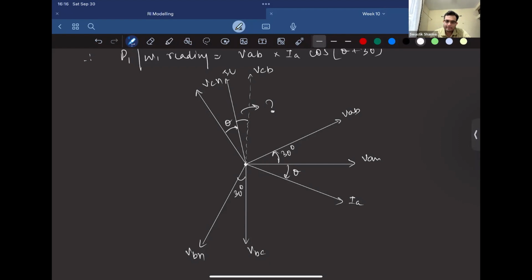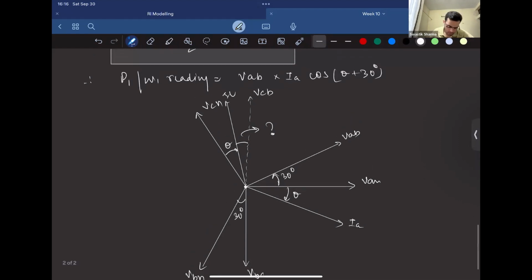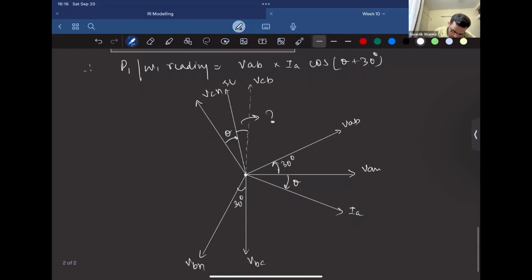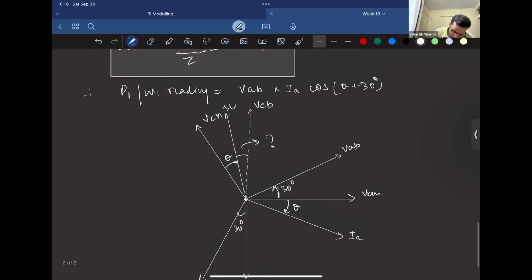Okay. No one's going to say? Okay. So if we calculate VCA, how would it look like? It would lead VCN by 30 degrees.